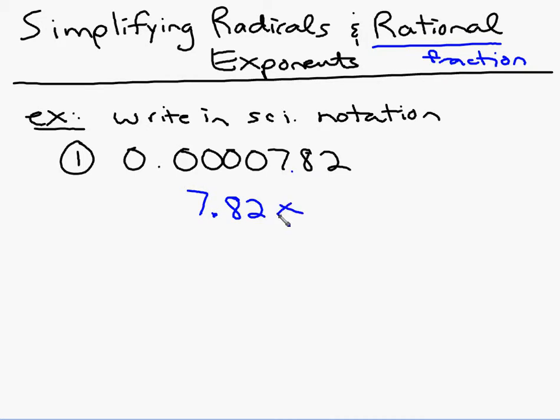Scientific notation is always times a power of 10. And if it is a decimal like this one, it's going to be a negative exponent, and then we just count back. 1, 2, 3, 4, 5, to the negative fifth.